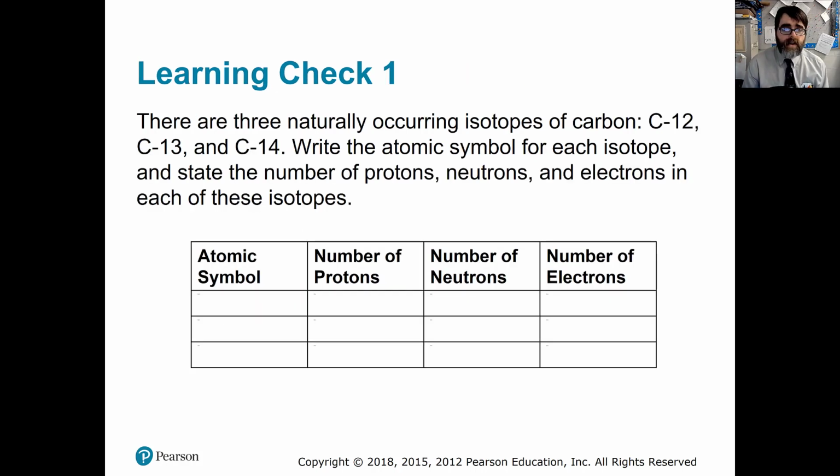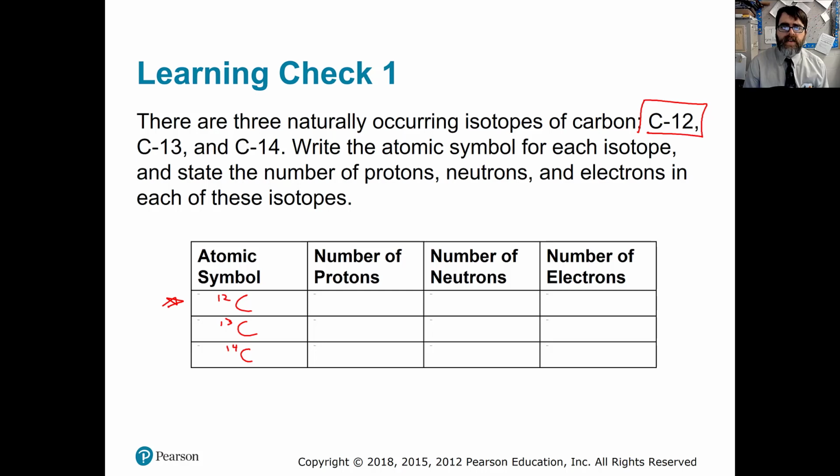There are 3 naturally occurring isotopes of carbon, so we have carbon-12, carbon-13, and carbon-14. Now, I will say most often when I've seen this, we have actually both notations here. One is that, and the other is this.